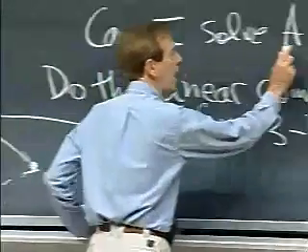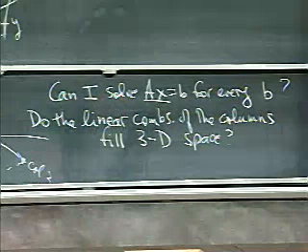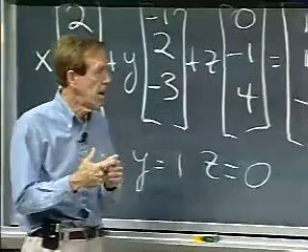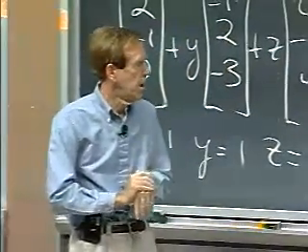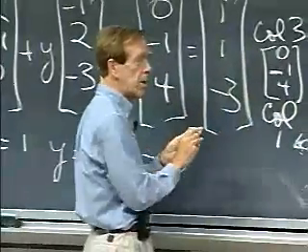Solving AX, oh, that's very important. A times X, when I multiply a matrix by a vector, I get a combination of the columns. I'll write that down in a moment. So that you see, in my column picture, that's really what I'm doing.